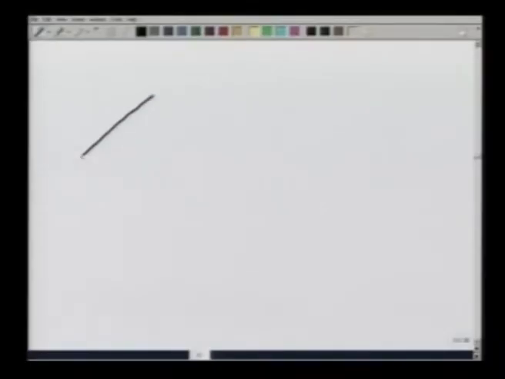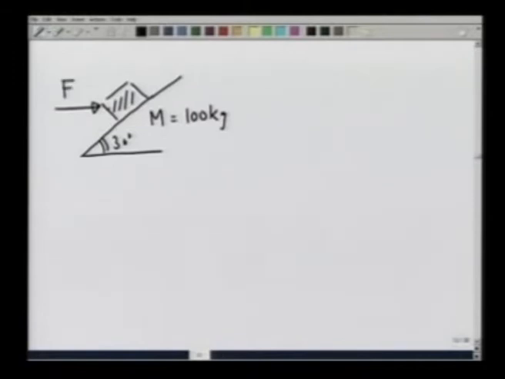Second example, let's take the case where again I take a ramp at 30 degrees from the horizontal, put a block here of mass m equal to 100 kgs and apply a force in this direction F. I would like to know what happens to the block if F equals 600 newtons, if F equals 500 newtons, and if F equals 100 newtons.